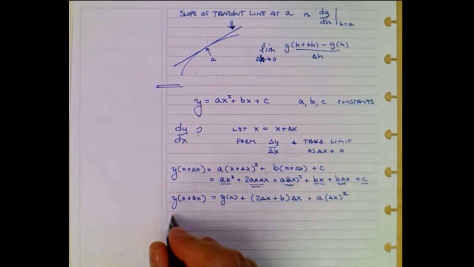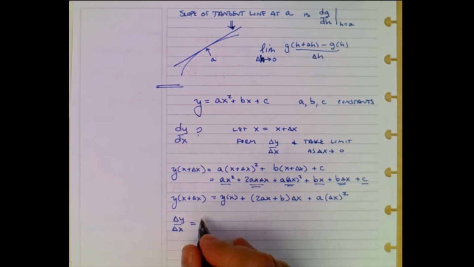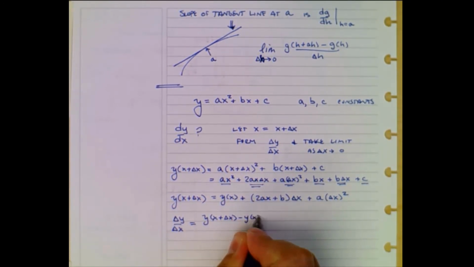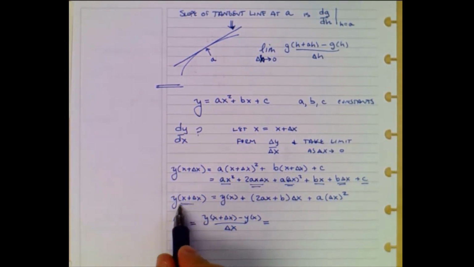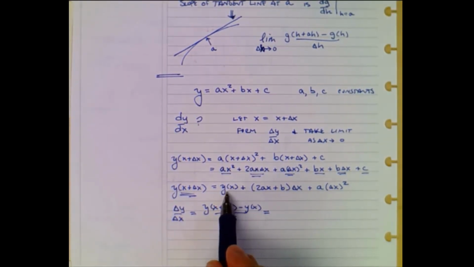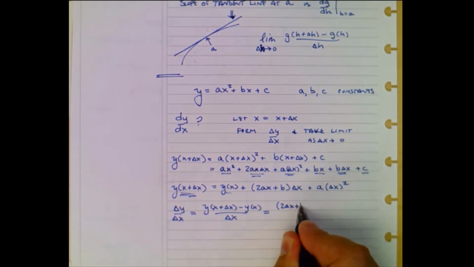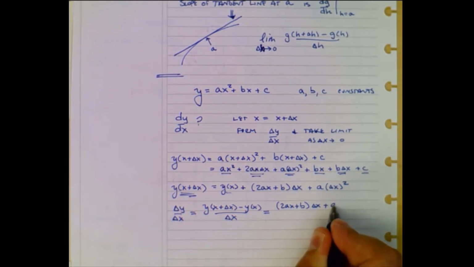Now if I want to form delta y divided by delta x, I can do so. Notice that it's y at x plus delta x minus y at x, over delta x. So if I take y at x plus delta x and subtract off y at x, I'm left with 2ax plus b times delta x plus a times delta x squared.